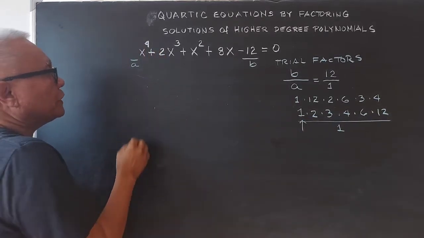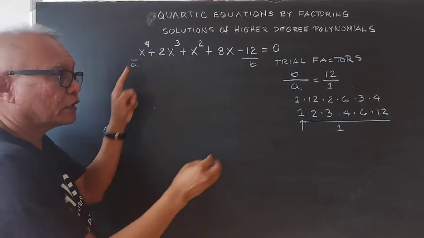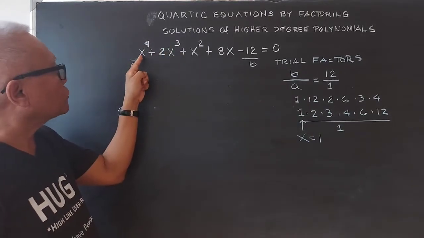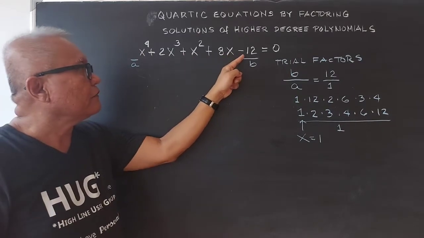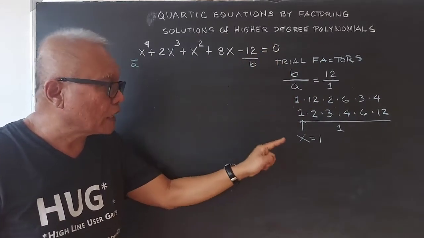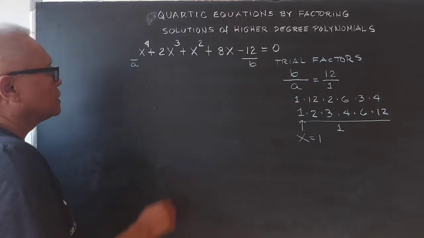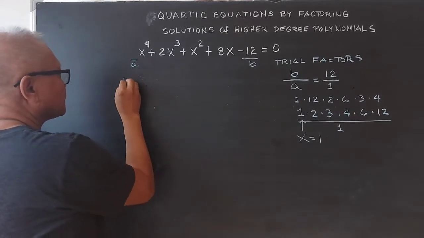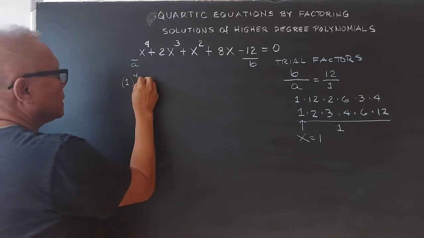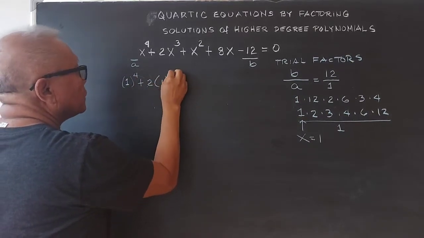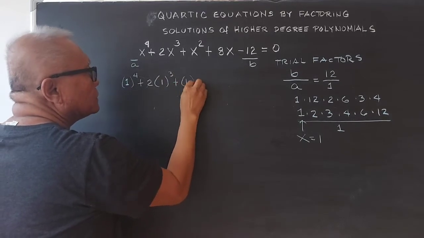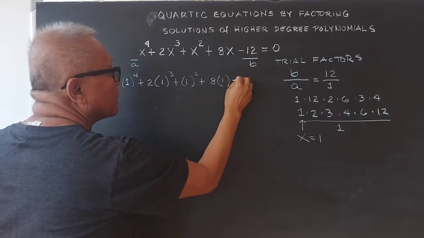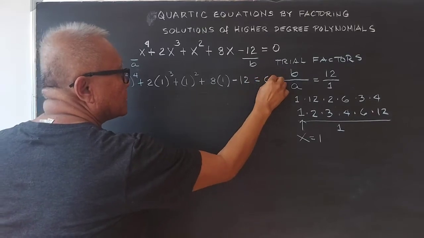To start with that one, we equate x to 1. If x is equal to 1, we substitute it into the polynomial, and if that is equal to 0, then 1 is one of our solutions. So let us substitute x is equal to 1 here. We have 1 to the fourth plus 2 times 1 cubed plus 1 squared plus 8 times 1 minus 12, which must be 0.